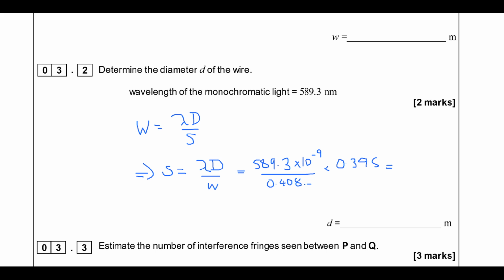So let's do 589.3 times 10 to the minus 9, divided by our answer, times 0.395, which gives you 5.70 times 10 to the minus 4. That would be your answer in meters, because we converted everything into meters.